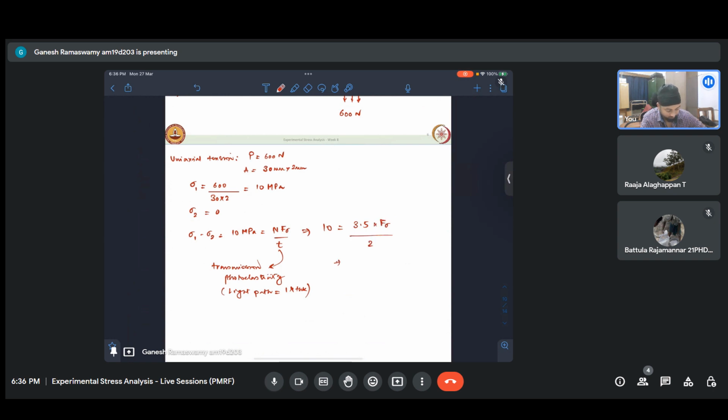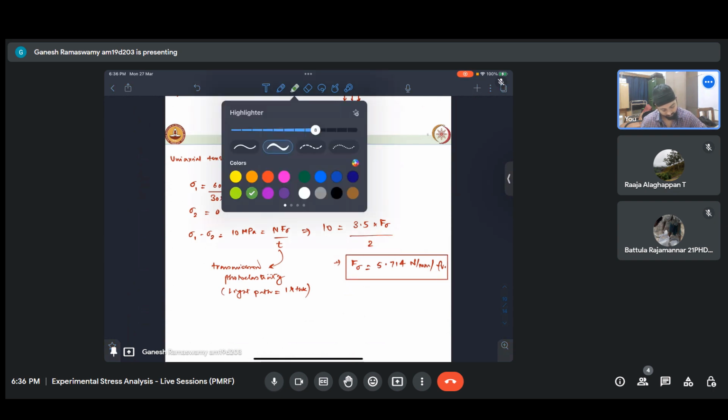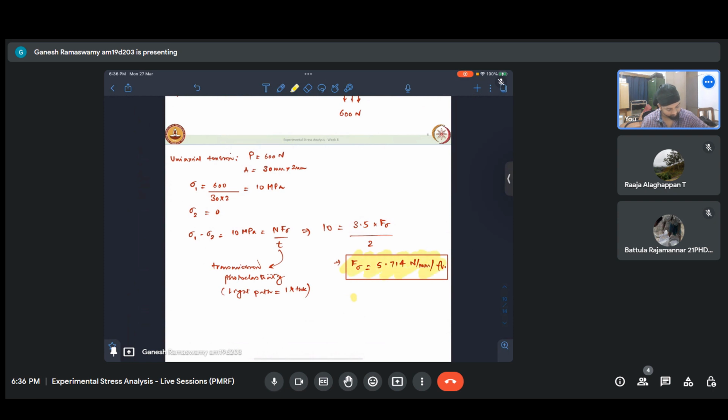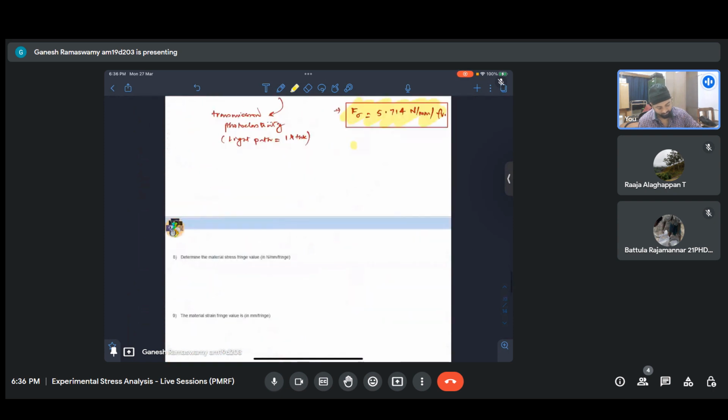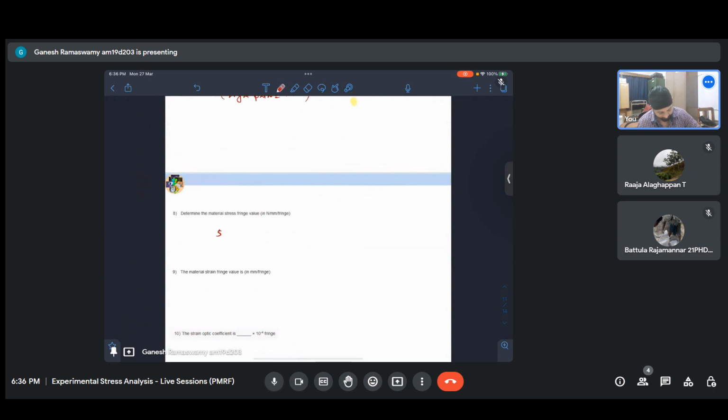So our F sigma comes out to be 20 by 3.5, which is nothing but 5.714 Newton per mm per fringe. So we have got it to be 5.714. This is our F sigma.